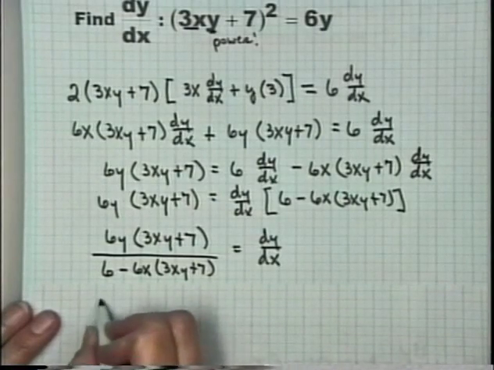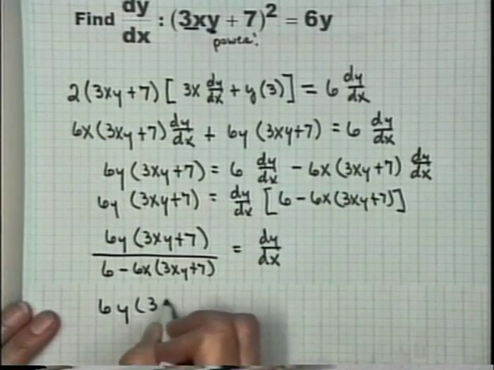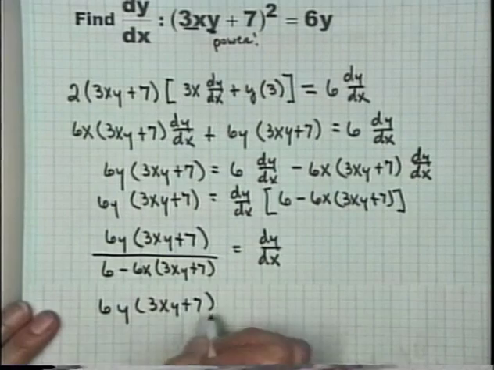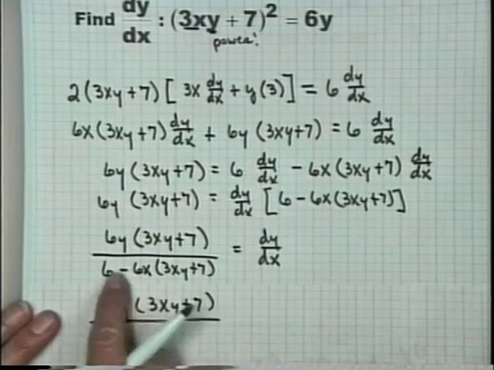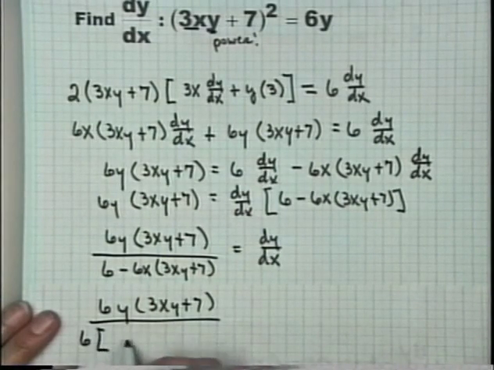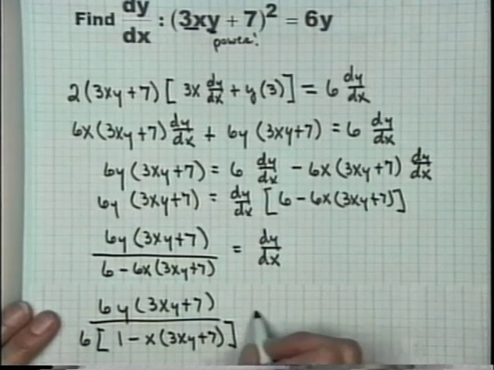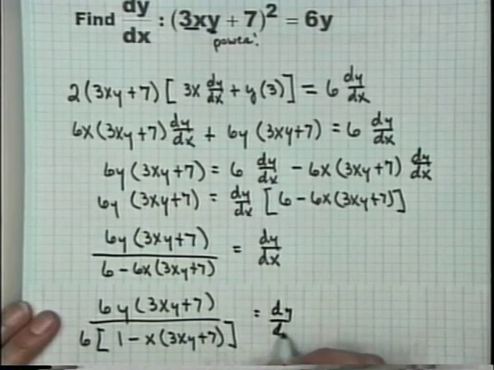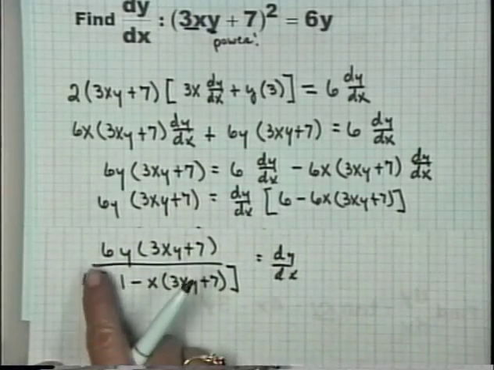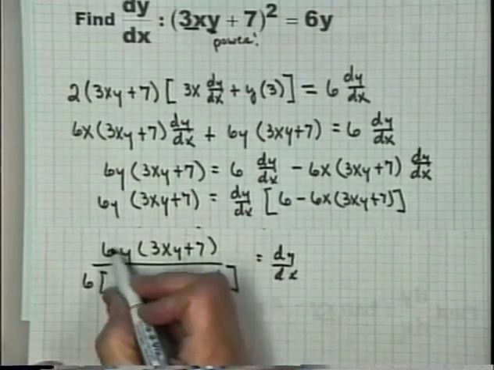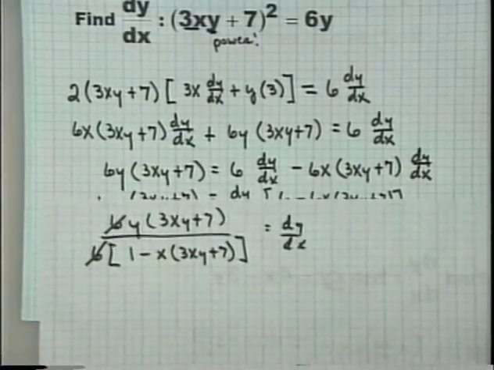So we could leave 6y(3xy plus 7) up here, and if I factor the 6 out of these two terms, it leaves 1 minus x times the quantity (3xy plus 7). And since the 6 is times everything in this 6, we could cancel those 6's.